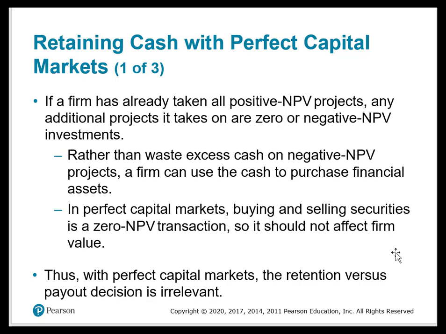And we've talked about this. In perfect capital markets, buying and selling is a zero net present value transaction, so it won't affect the firm. So again, with perfect capital markets, it really is irrelevant what the company does with this extra money.